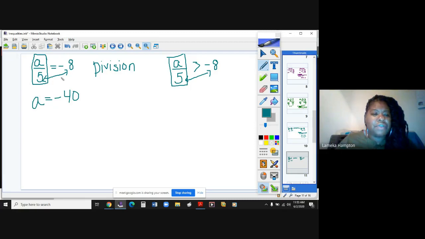A positive times a negative gives me a negative. Again, this is reinforcing integers. Now with this inequality, because I am multiplying by a negative number, that means this sign is going to be flipped from a greater than sign to a less than sign. So my answer here is going to be A is less than negative 40.